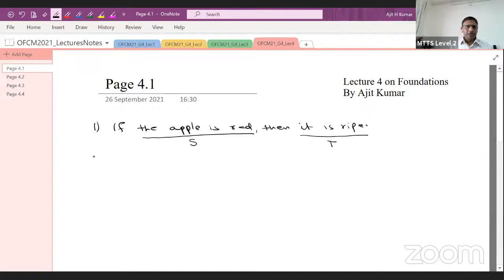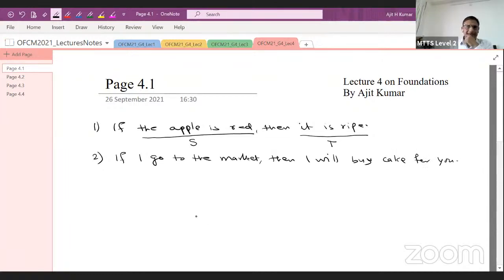Let me write another statement. If I go to the market, then I will buy cake for you. That is the second statement.